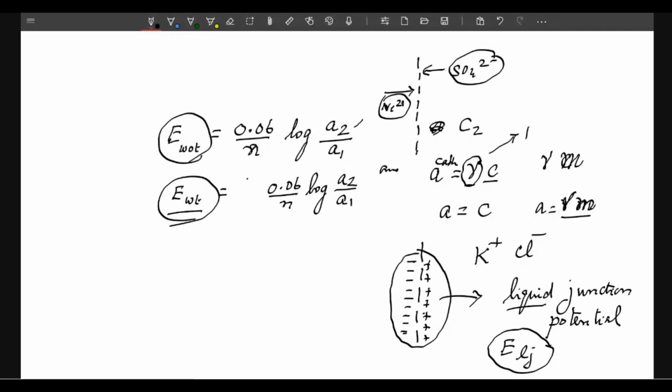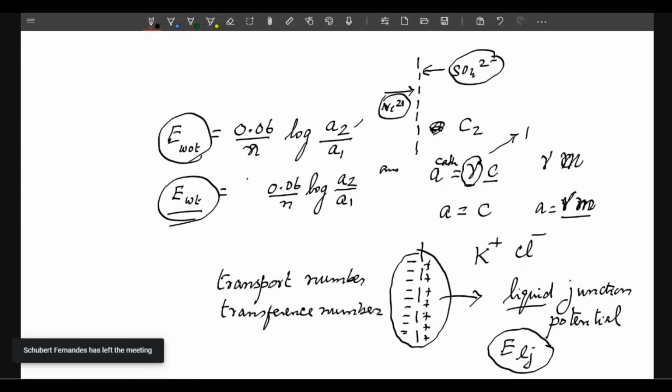But one difference: here we are going to use the transport number of the ions. Do you know what is meant by transport number? Transport number, or another name, transference number. Both are the same.